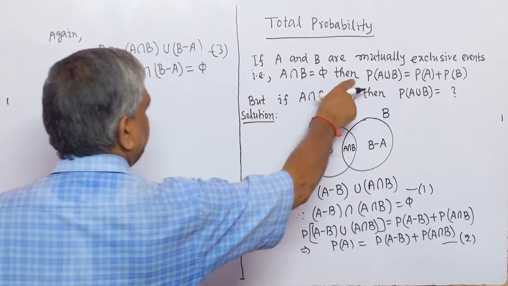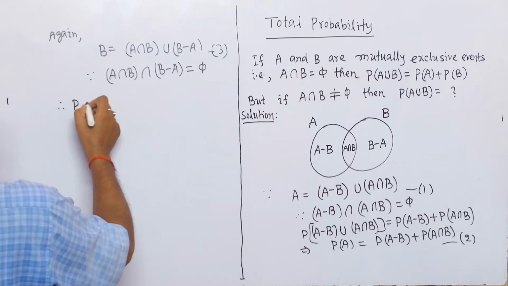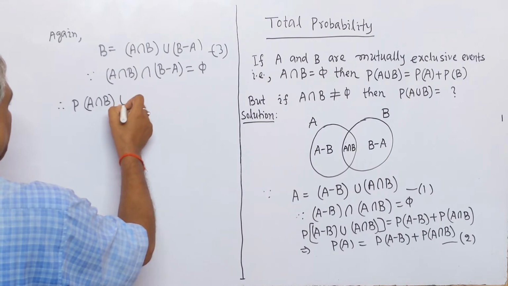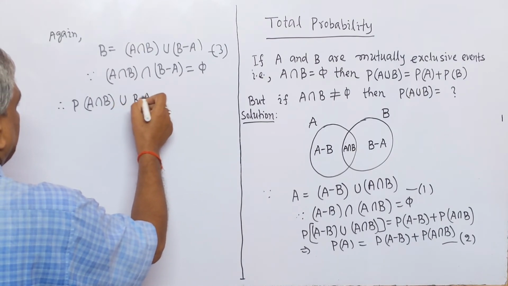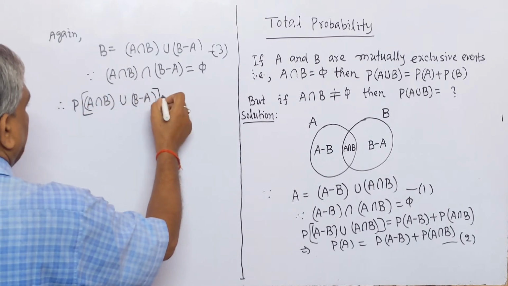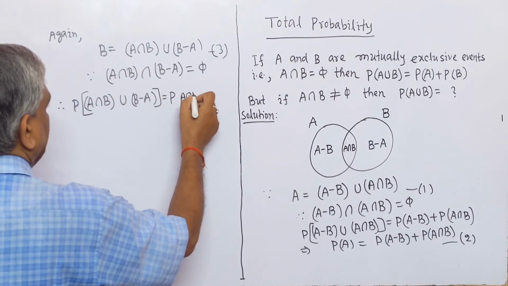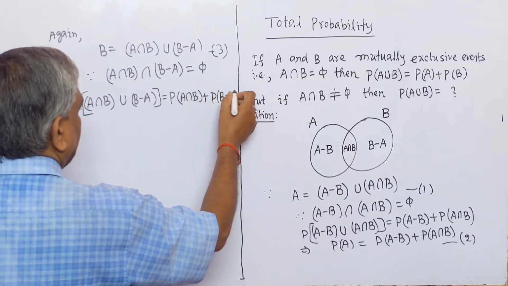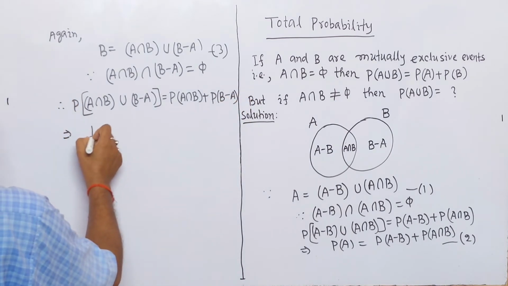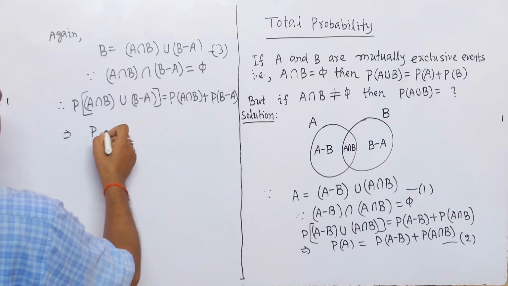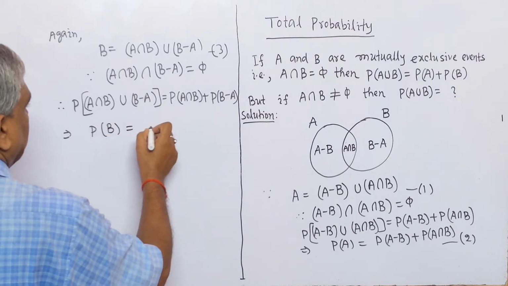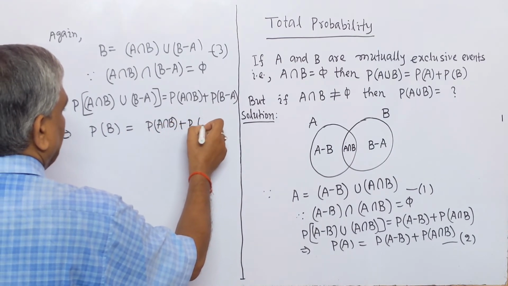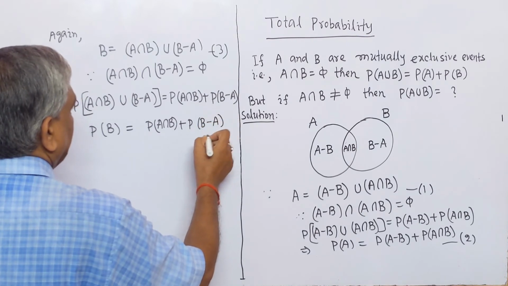Therefore, with the help of this formula, P(A intersect B union B minus A) equal to P(A intersect B) plus P(B minus A) implies that P(B) equal to P(A intersect B) plus P(B minus A). This is number 4.